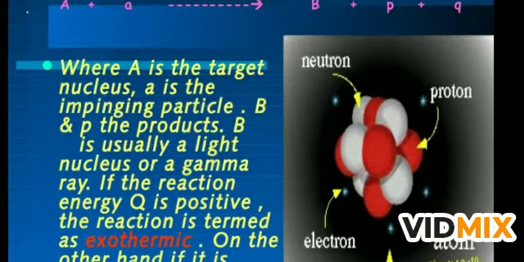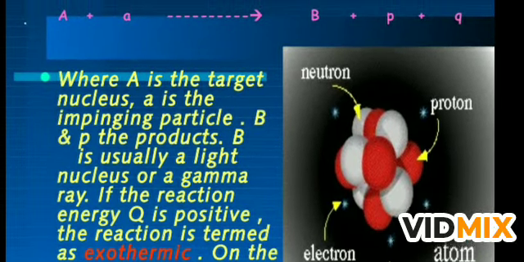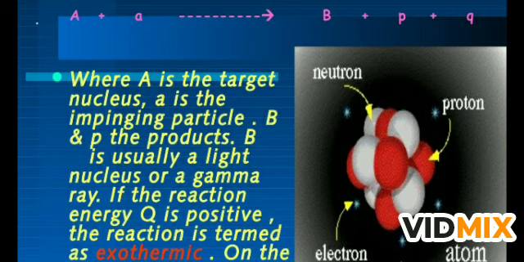A is the target nucleus, meaning where the particle will attack. Small a is the impinging particle, capital B and small b are the products, and capital B is usually a light nucleus or a gamma ray.